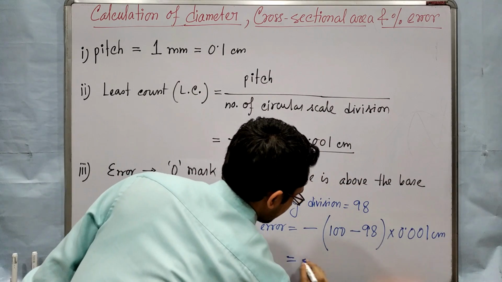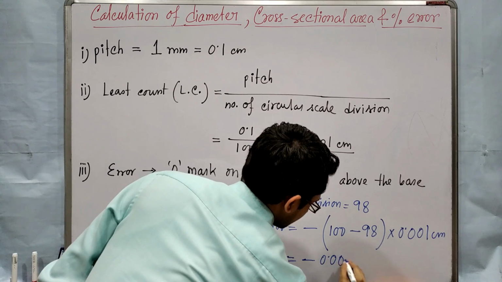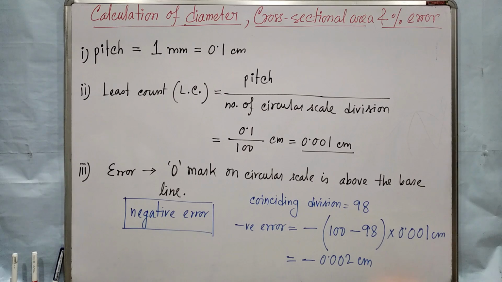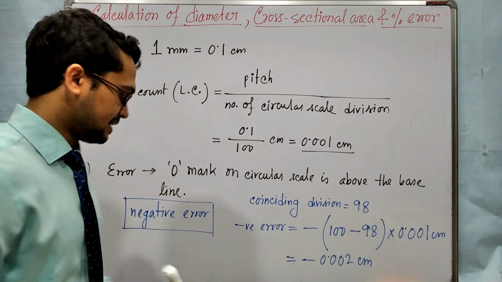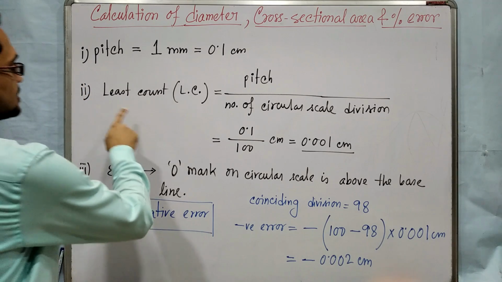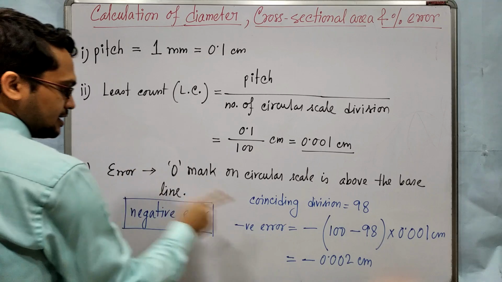So you will get minus 0.002 centimeter. Clear? This is the basic calculation which we have to find before taking readings.